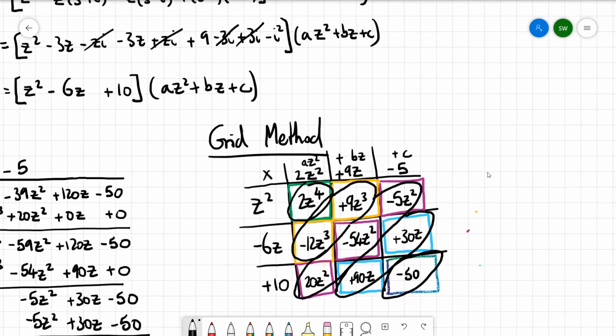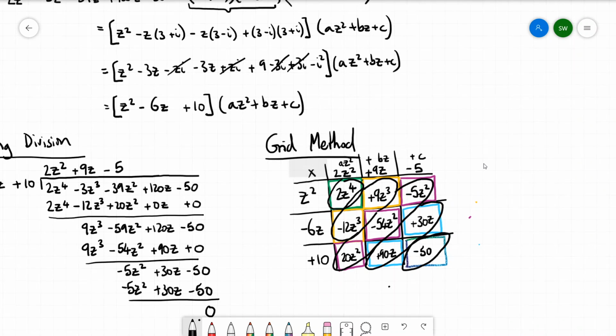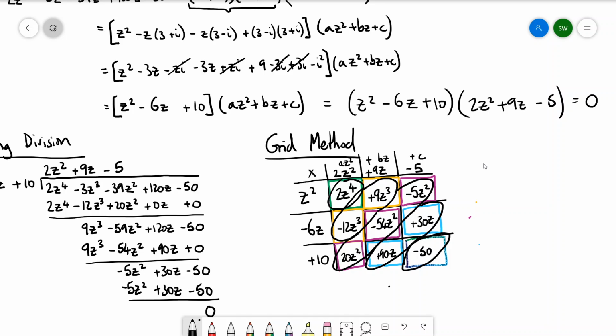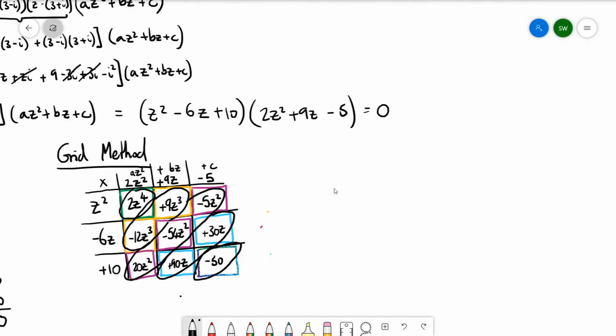Okay, so our last step is to say that we know this quartic can be written as this quadratic, which we already know, multiplied by this quadratic here. And we want to solve it equal to 0. Well, we already know the roots of this quadratic here.